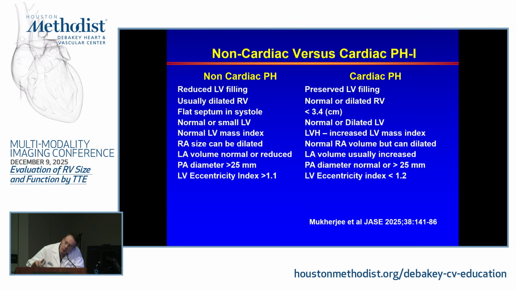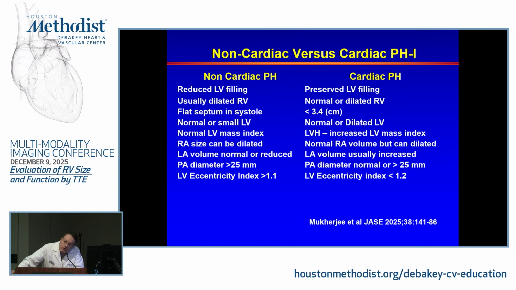The reason I said group 1 and not the other groups is because, for example, patients with obstructive airway disease can be advanced in age and can have risk factors for heart failure with preserved EF, and they may very well have heart failure with preserved EF, and their pulmonary hypertension is a mix, cardiac and non-cardiac.